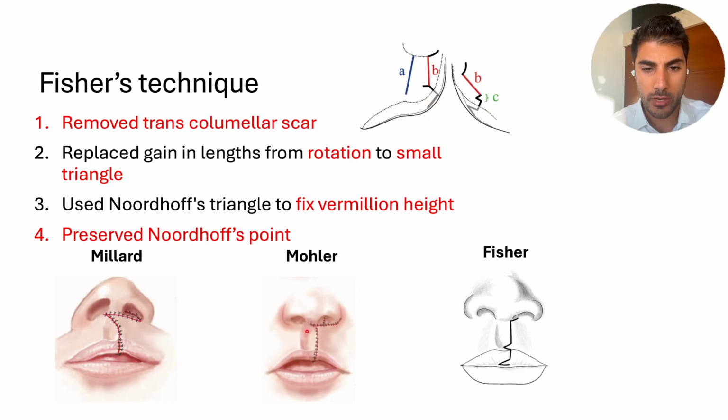As you can see here, we have transcolumellar scars. Here we do not have a transcolumellar scar. It replaces the gain in length from rotation with a small triangle. So as you can see here, we remove the rotational aspect, and the gain in length will be the small triangle. It uses Nordhoff's triangle to fix the vermilion height over here, and it helps us preserve the Nordhoff's point because of this triangle, as we described.